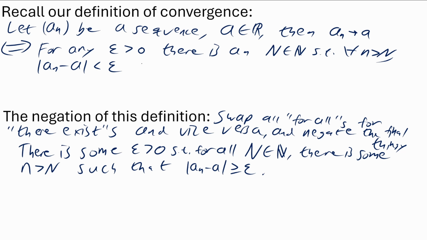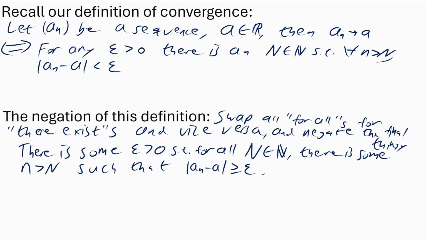Whereas for regular convergence we had to show that any epsilon greater than 0 had a threshold after which all terms were in the epsilon bubble of the supposed limit, we're doing the opposite of that. We're saying that's not true. So there has to be some epsilon greater than 0 such that no matter what, we can always find a term that's epsilon away from a. This is the example he gives in the book.